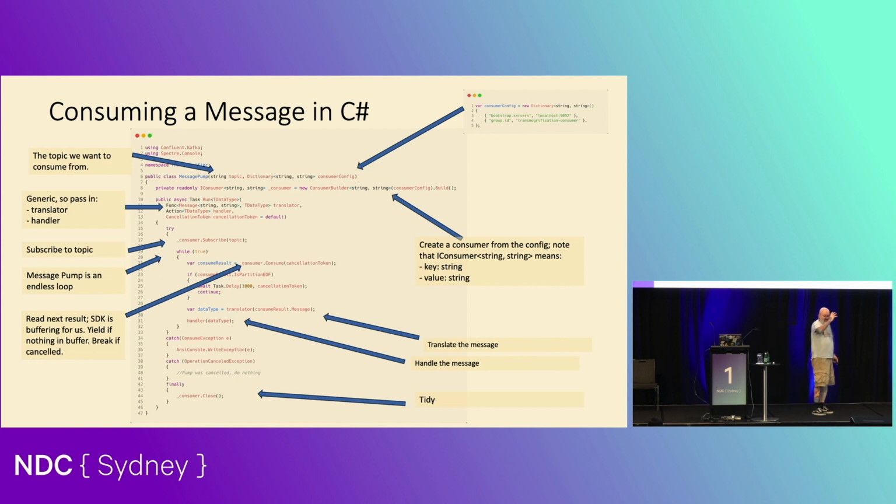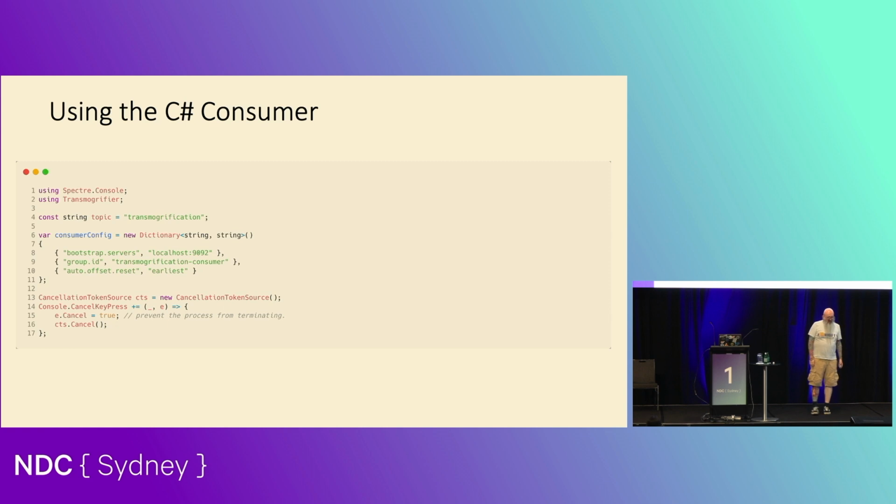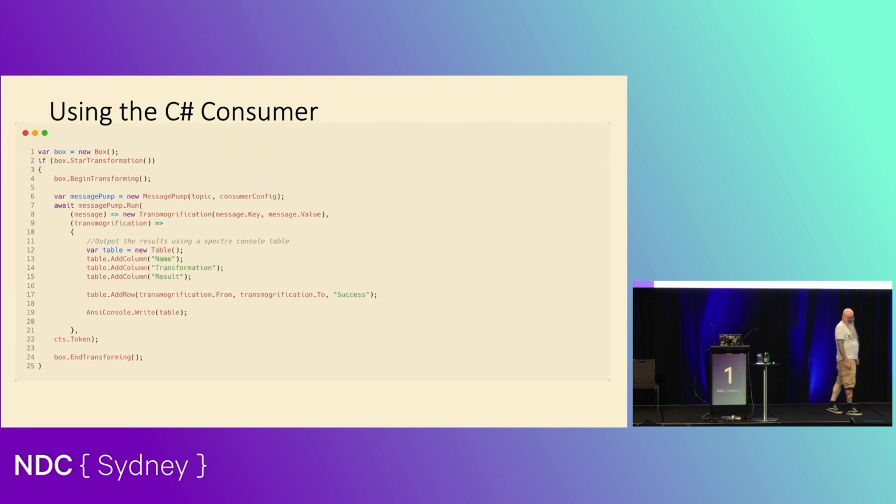That try loop is part of the big dispatch method, all right? And to use our consumer effectively, as I say, we're going to pass in our config, essentially, and our topic, right? But the main bit of code you want to see is this. We create an instance of our message pump, and essentially we pass in a method that's going to translate it into a type.